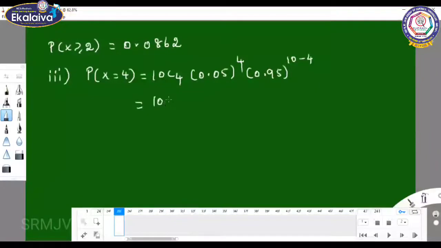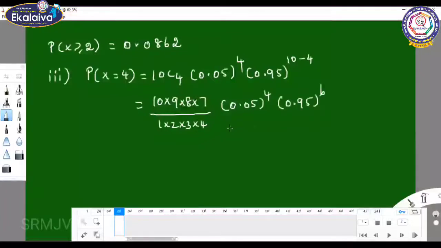So 10C4 is 10 into 9 into 8 into 7 by 1 into 2 into 3 into 4, into 0.05 whole power 4, into 0.95 whole power 6. So you cancel the values: 4 twos are 8, 3 threes are 9.